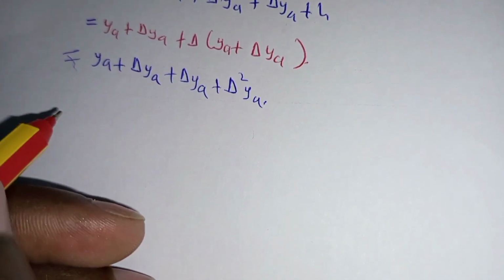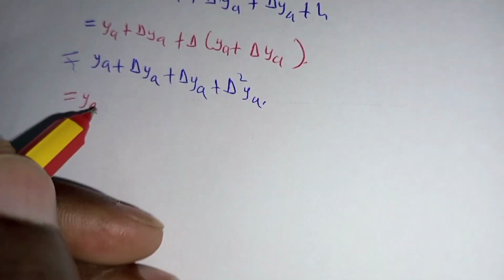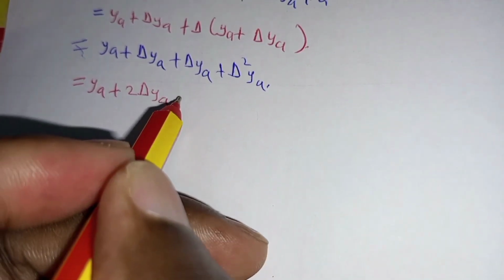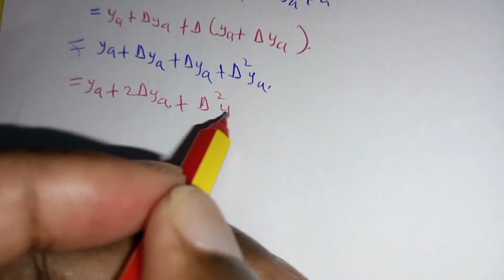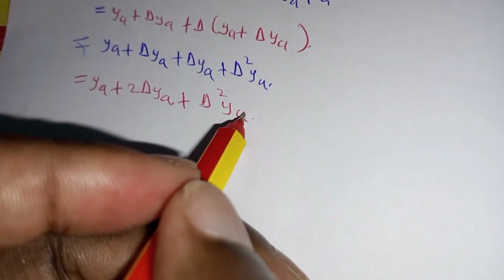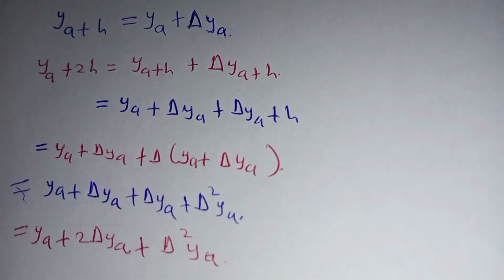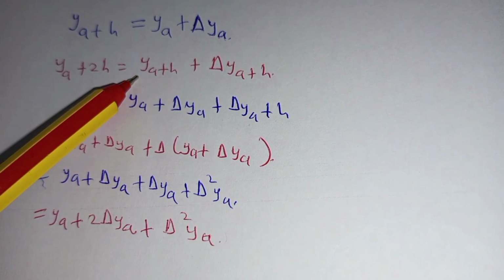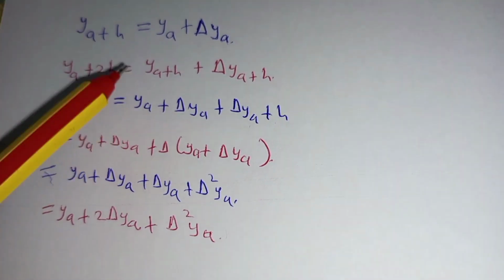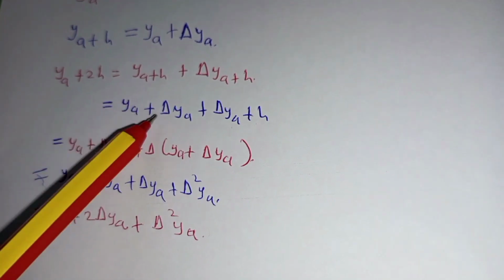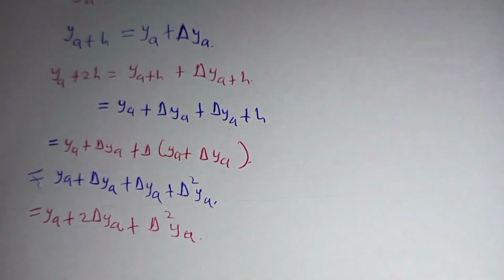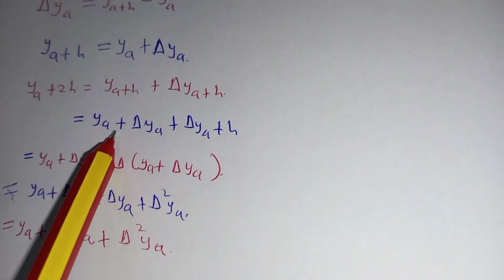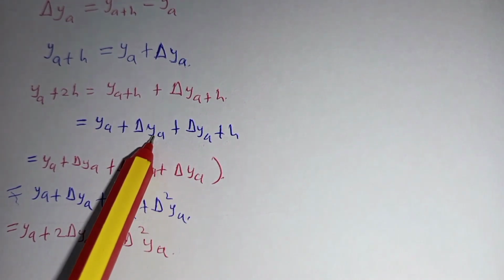Then we shall have y of a plus twice the first difference of y of a plus the second difference of y of a. So what we have done here is that we have substituted y of a plus h with y of a plus the first difference of y of a, and also here.